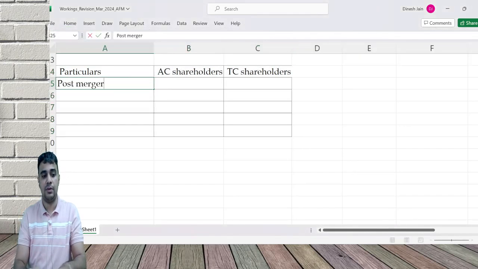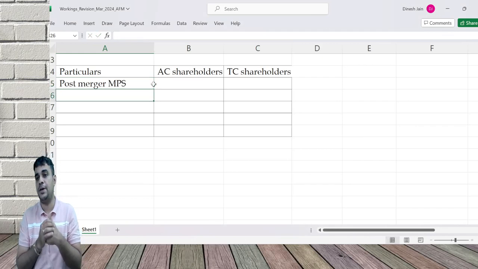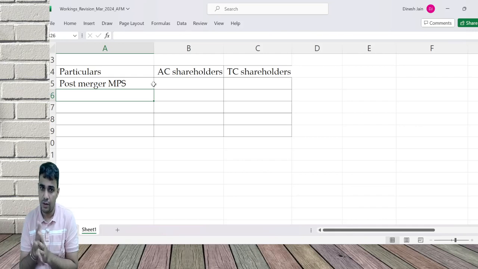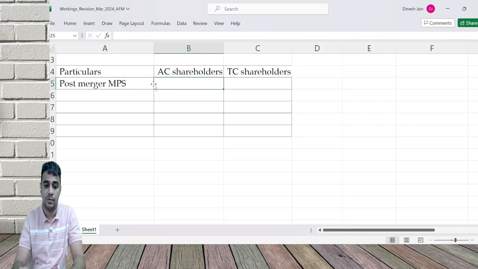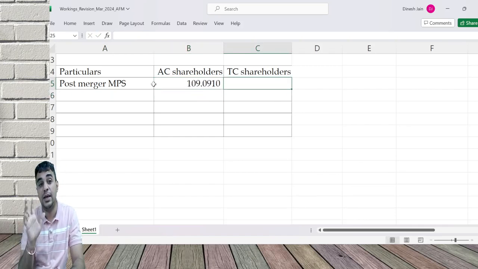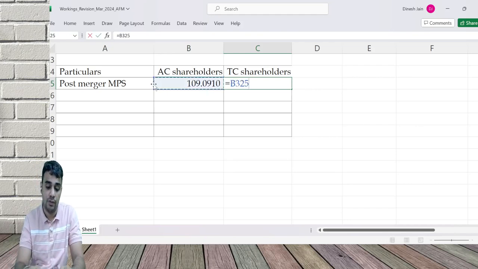Post merger MPS. I'm doing at MPS level. What's the post merger MPS? 109.0910. For TC, you will have to do equivalent, which is into 1 by 5.